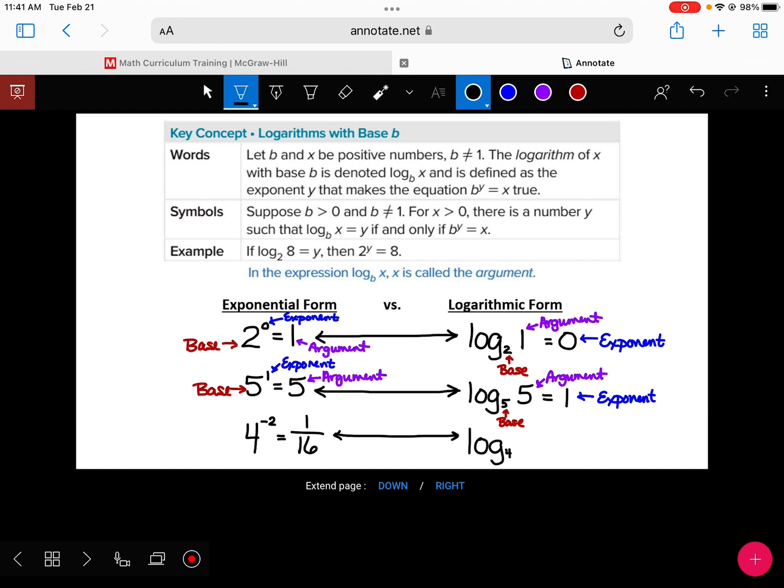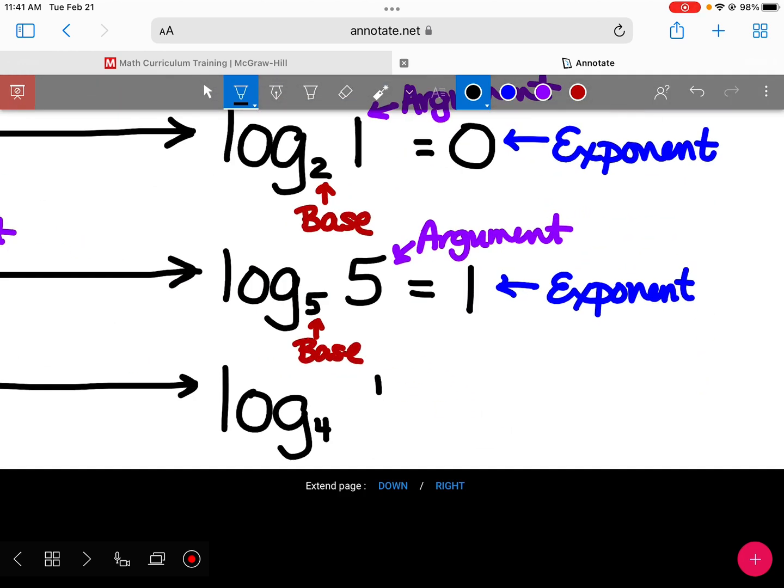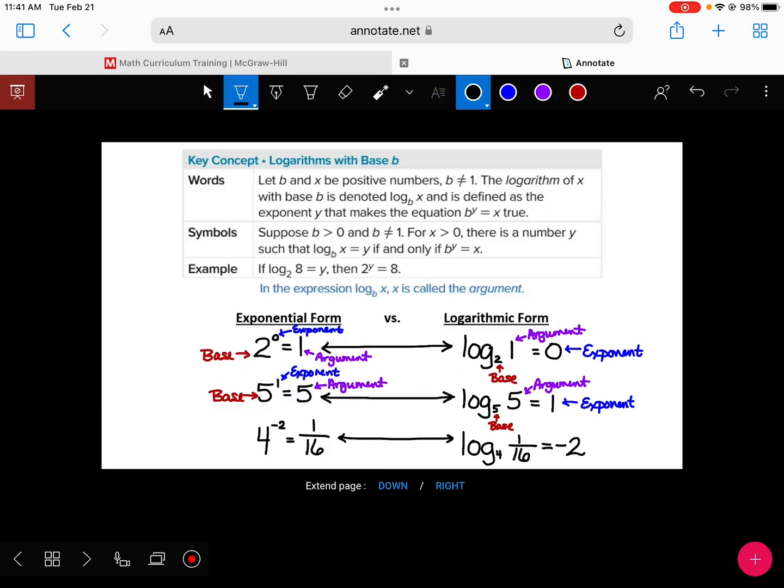What would come after log base 4? The argument, which would be 1 over 16. And that's equal to negative 2, my exponent. Most of what we're going to practice today is just going from one form to the other.